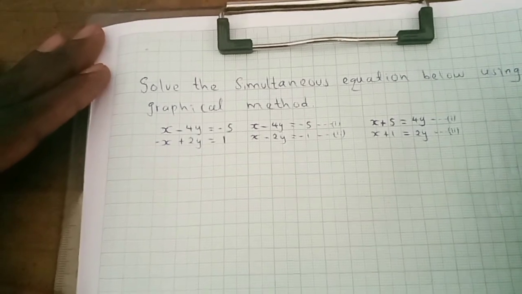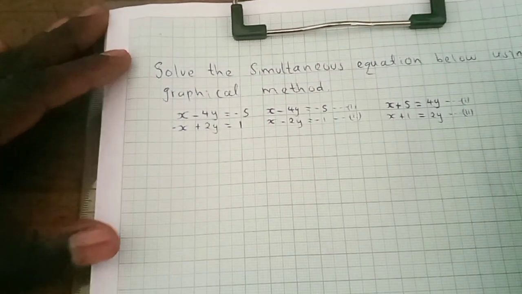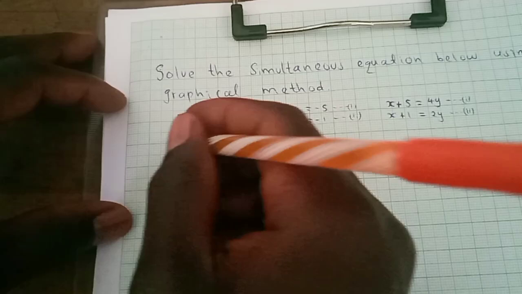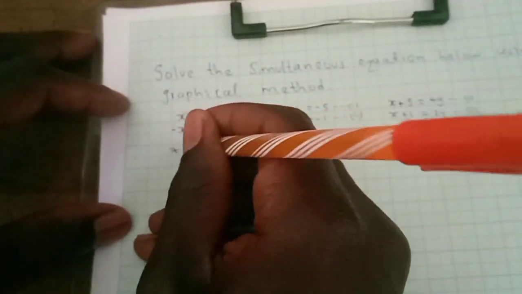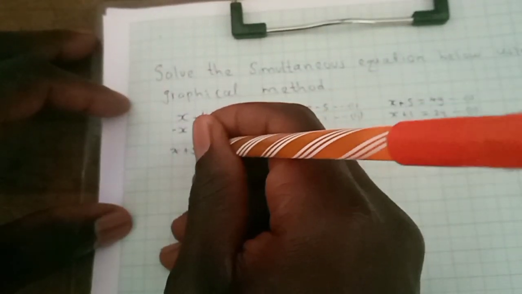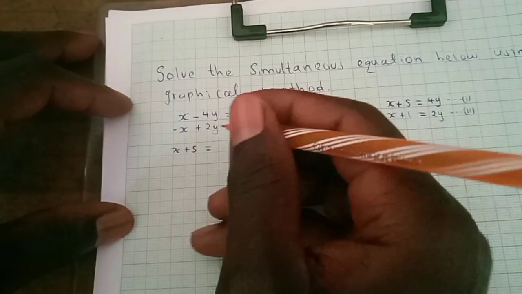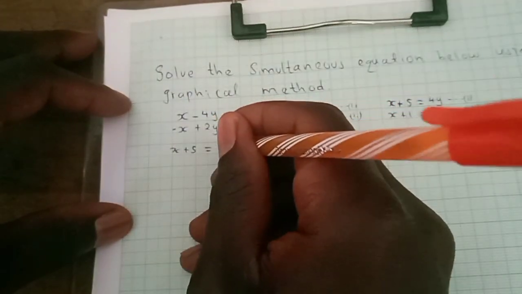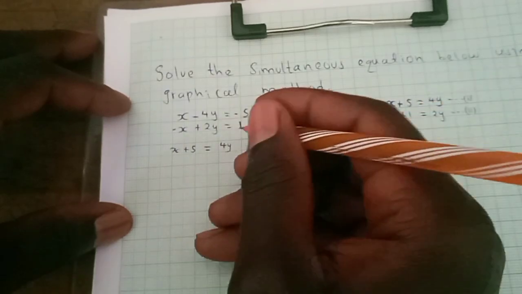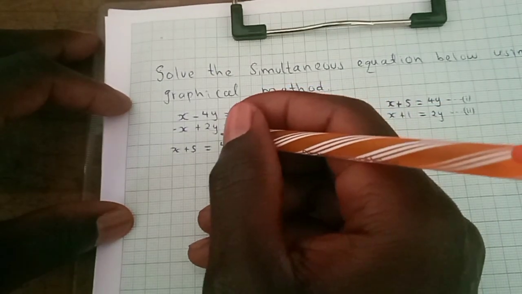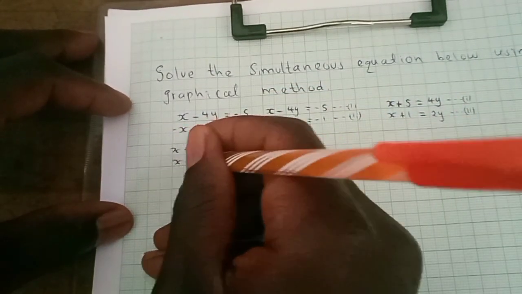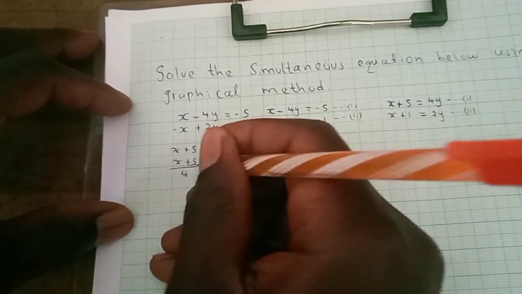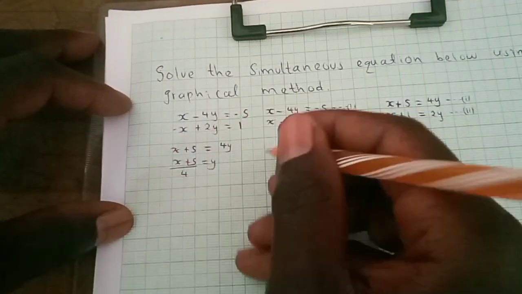So we are going to look for values to plot. For my line 1, x plus 5 is equal to 4y. I can simplify this to be (x plus 5) over 4 is equal to y.